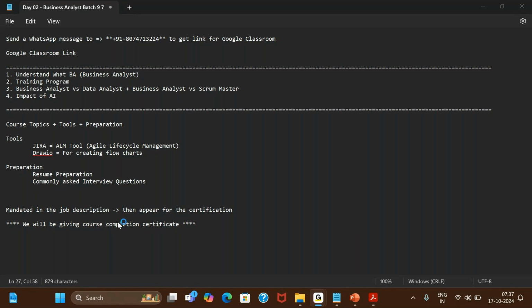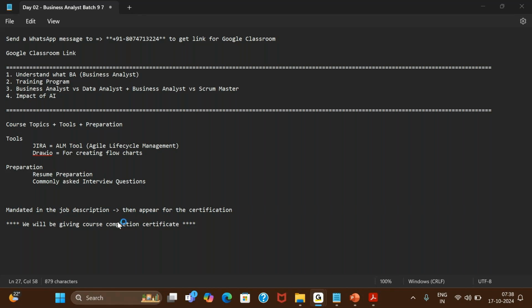See, eventually when you clear any interview, you then want to work for the company, and you don't want to work for a company with theoretical concepts. And again, that knowledge book is more focused on BA technical concepts only. It doesn't talk about what a user story is, how we create a user story, acceptance criteria.